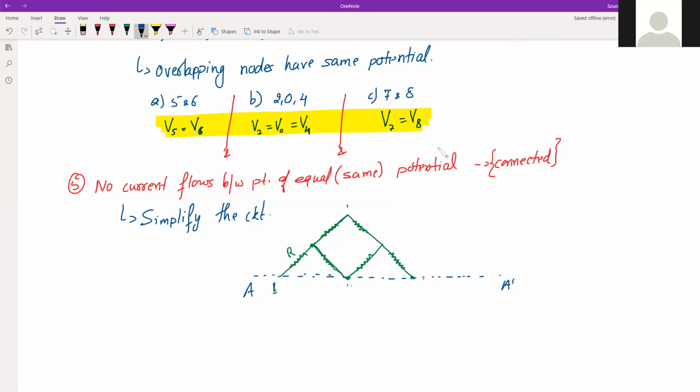This is 3. Here, the 2 and 4 overlapped, right? And this point is where I think 5 and 6 overlap, and this is where 7 and 8 overlap.